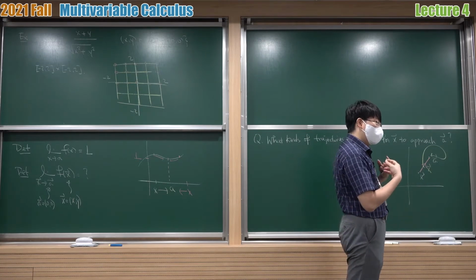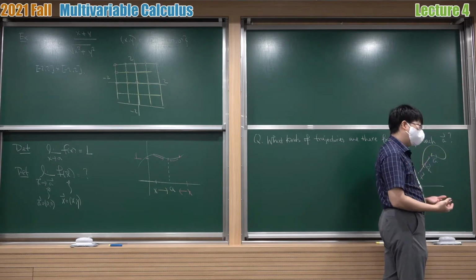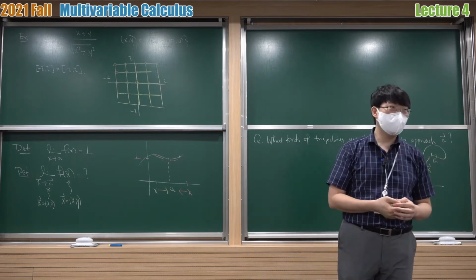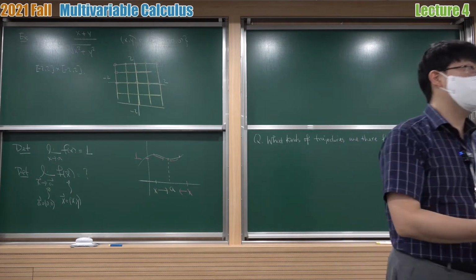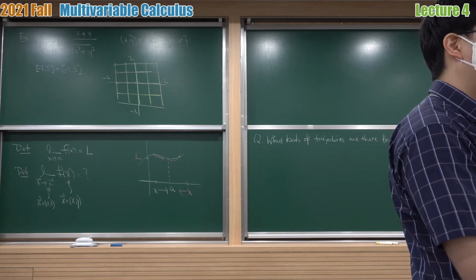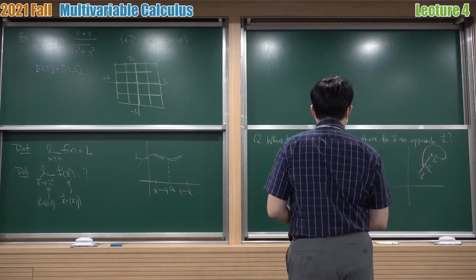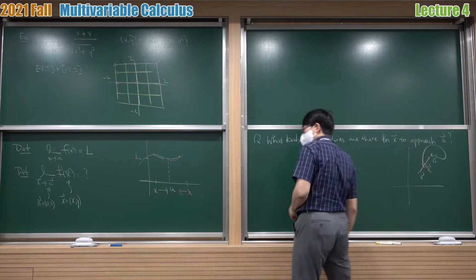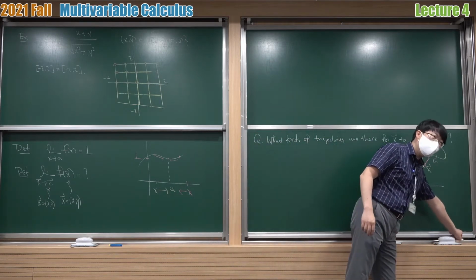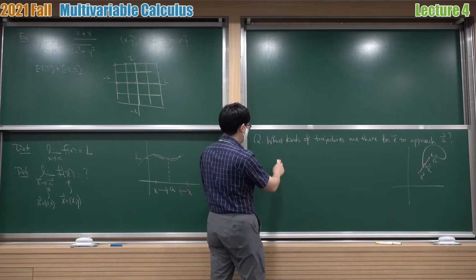So if the limit value of the function is the same for any possible direction or trajectory of x approaching a, then we can say the limit exists, and the value of the limit is the limit from any trajectory. So the short answer to this question is there are infinitely many trajectories along which I can approach my point to a.